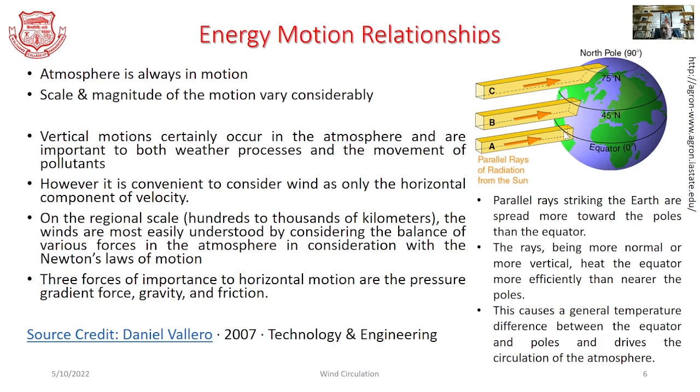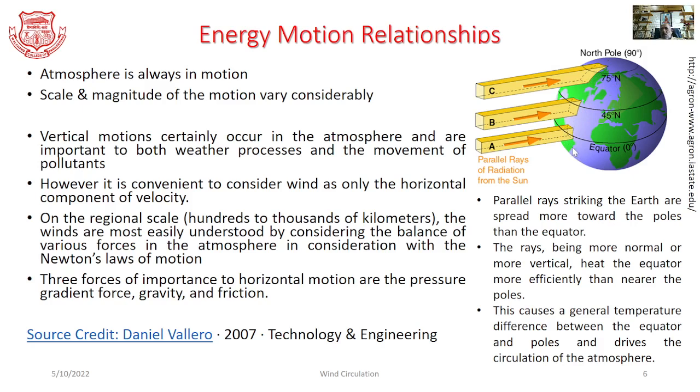As you see here, this is equator and this is the polar region. So as we think of these particular parallel rays that are striking the earth, they are spread more towards the polar regions as compared to the equators.